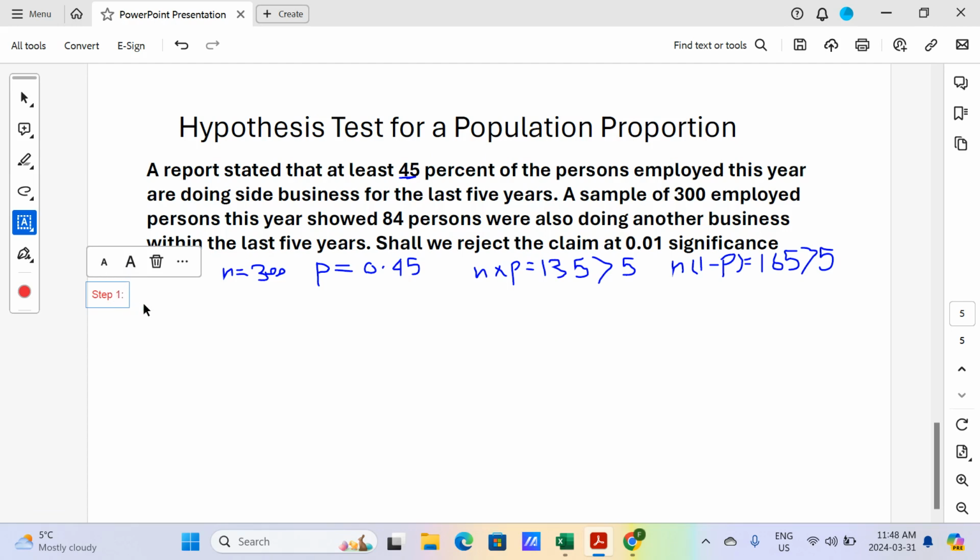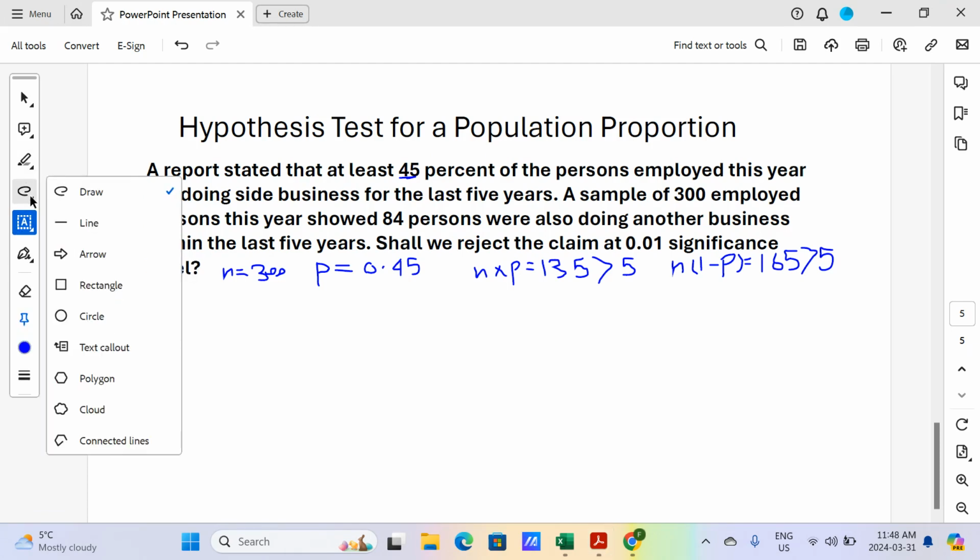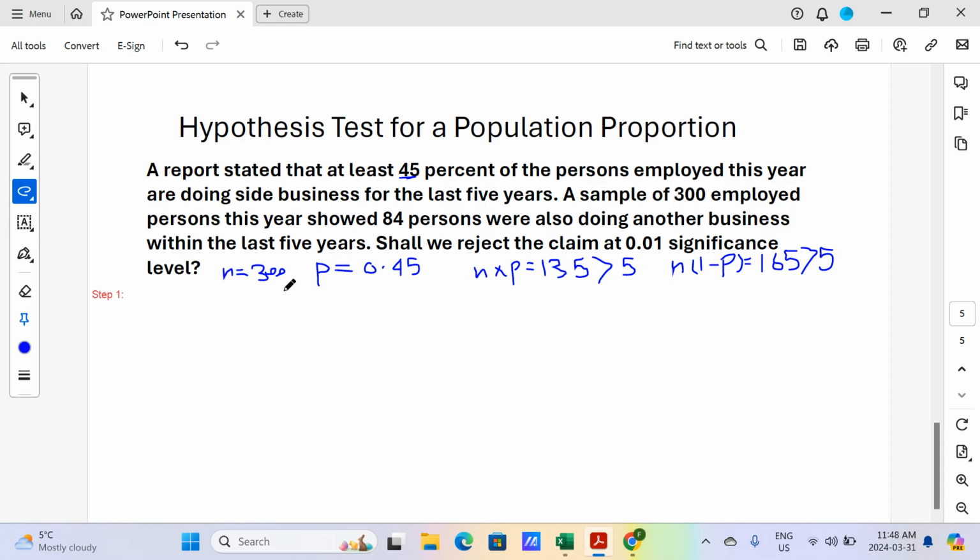Okay, in step 1, I need to formulate H0 and H alternative. Look at here, there is a claim in this question. A report claims that at least 45% of the persons employed this year are doing side business. Okay, so let's write the claim as a math expression. It says at least 45%.